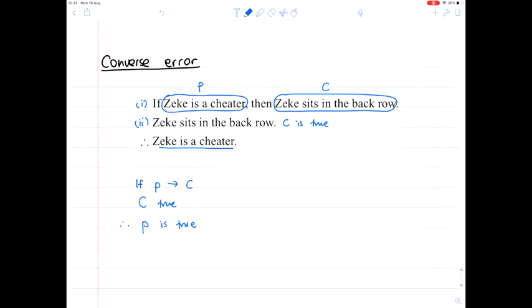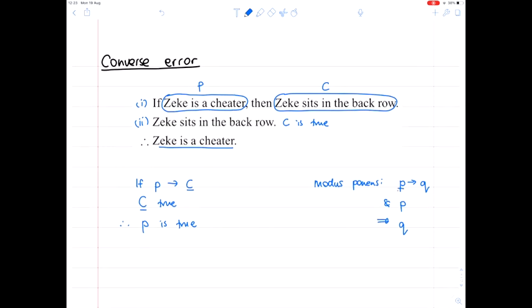So this looks almost like modus ponens. So remember, modus ponens says P implies Q, and P, therefore Q. But here we're saying P implies a conclusion, and then we're saying the conclusion is true, not that the premise is true, and then we're concluding that the premise is true.